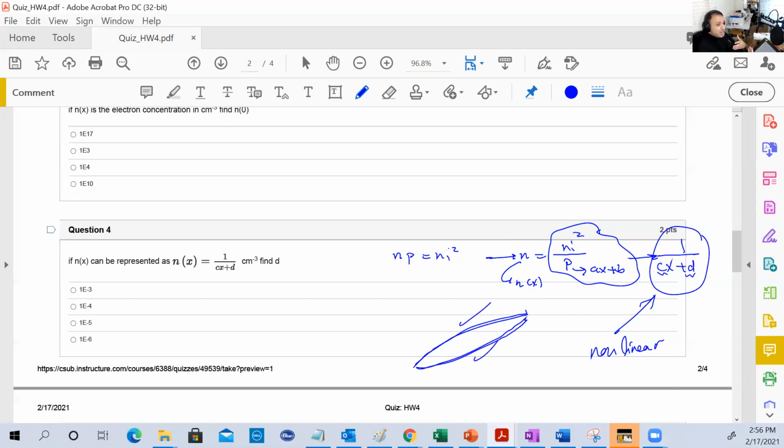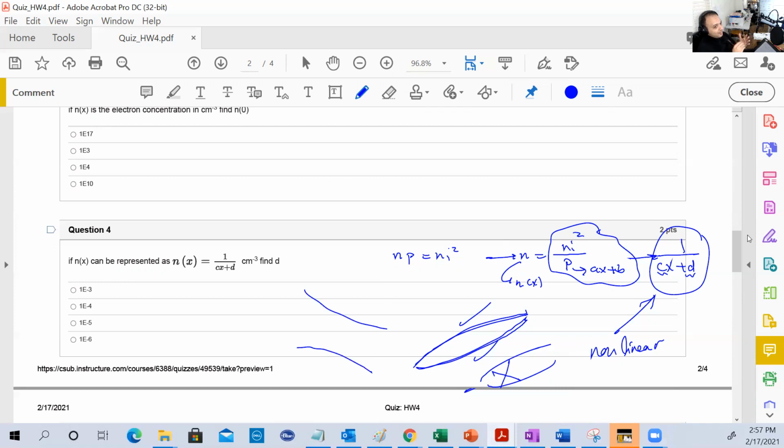If you are talking to your manager and you know n of x, your manager will not be that harsh with you if you sketch it roughly, but draw it non-linear. Don't draw it as a straight line, as that is linear. This will not be acceptable. If it was decreasing with x, draw it like this or like this. I will accept both.